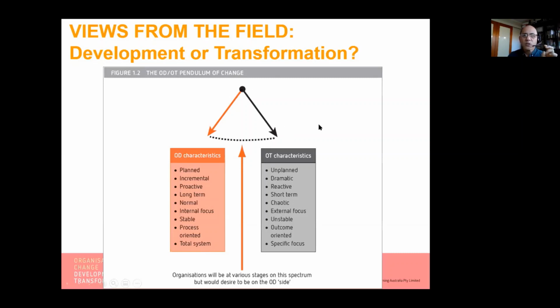On the other hand, transformation is something very abrupt, something that is really difficult to plan for. Oftentimes, organizations need to react to a particular crisis that is happening, and usually whatever changes you make there are short term.